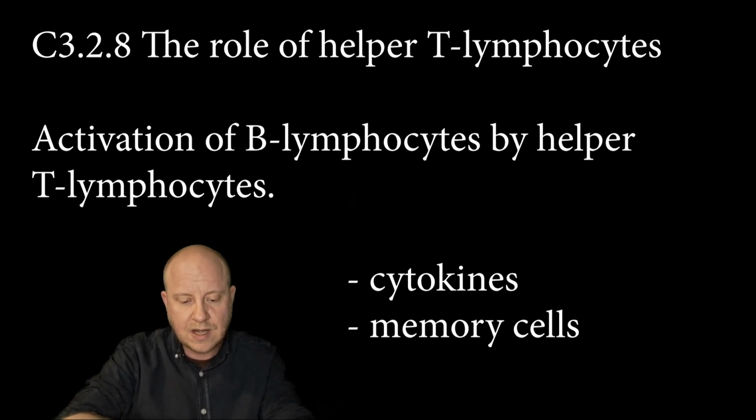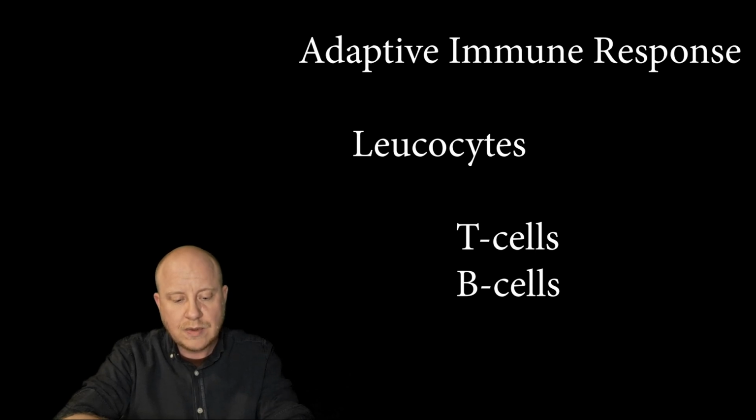So, activation of B lymphocytes by helper T lymphocytes. Two important types of leukocytes that respond in the adaptive immune system are helper T lymphocytes, called T cells, and B lymphocytes, called B cells.